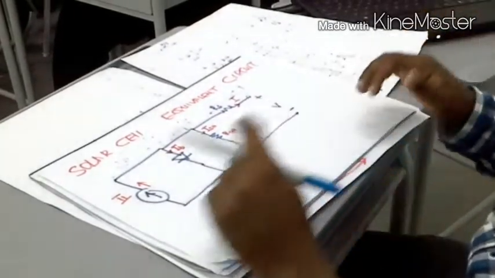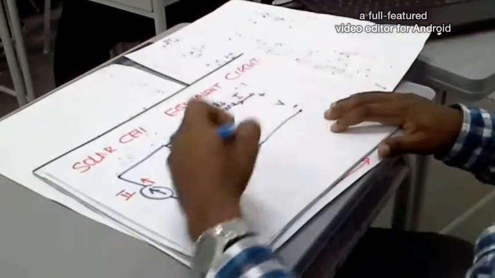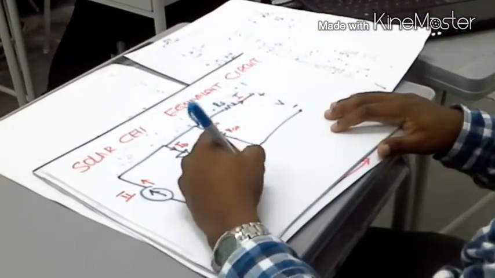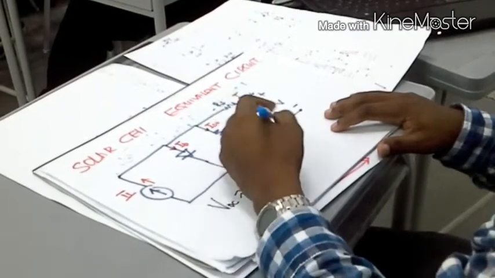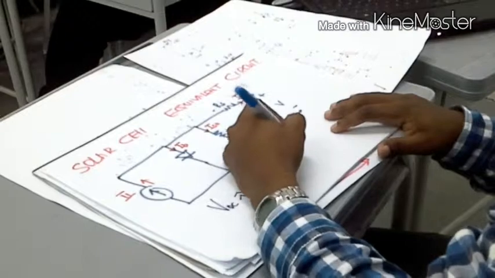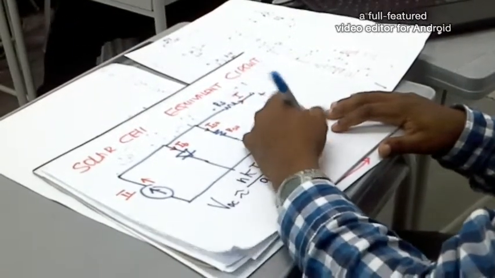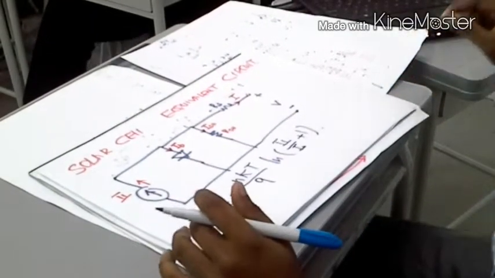The open circuit voltage VOC will be approximately equal to N times K times T over Q ln of IL over I node plus 1. This is the voltage in the open circuit.